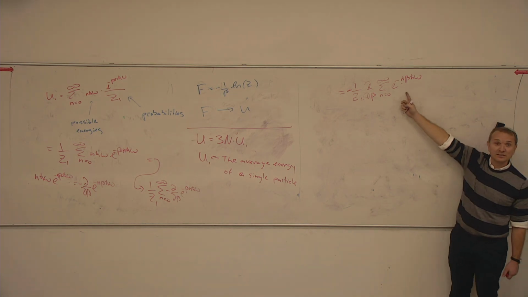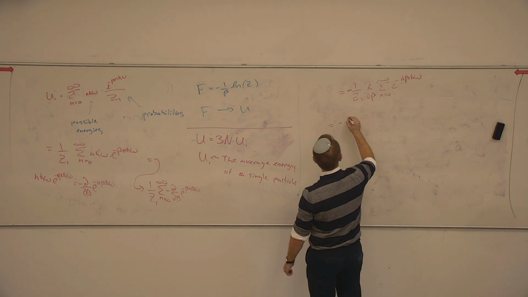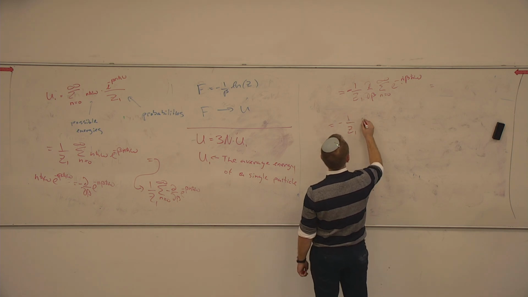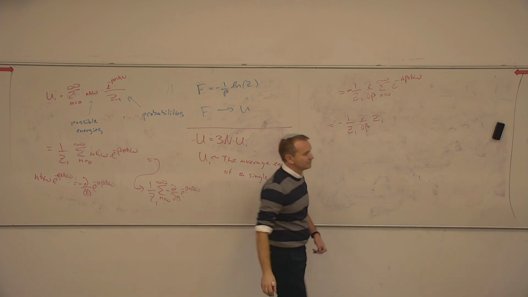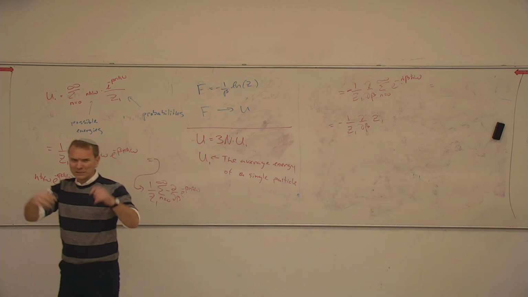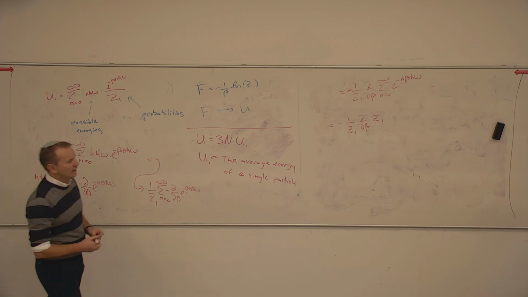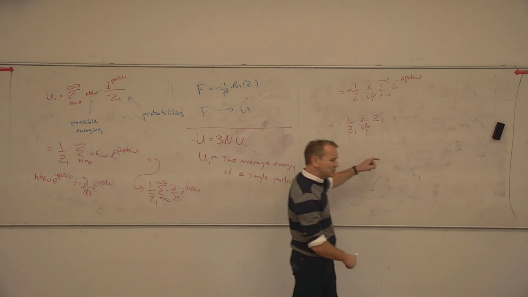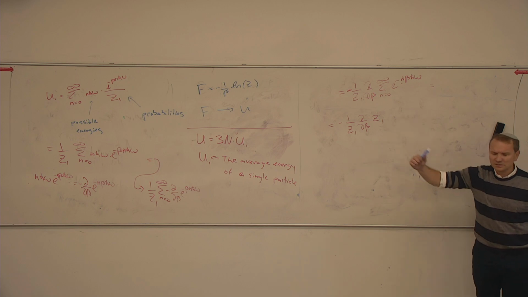And this is z1. So what we have is minus 1 over z1 d by d beta of z1. This is a general formula. It always works because of the Feynman trick. So you don't have to develop it each time. You can just remember it, or you can develop it easily.